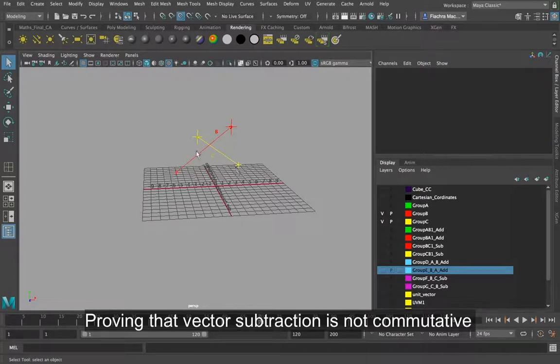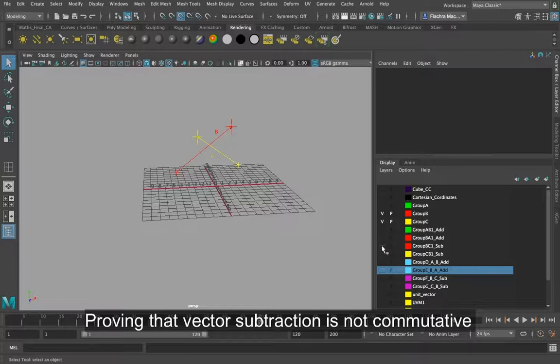I've created another vector here, C. We've already used B, so I am going to subtract B from C. That means you walk along to the head of C, and rather than attaching the tail to the head of C, as you would in addition, this time we're going to attach the head of B to the head of C, and that will give us our subtracted point and the head of a new vector, which we'll call F.